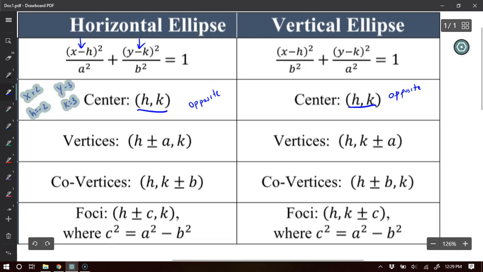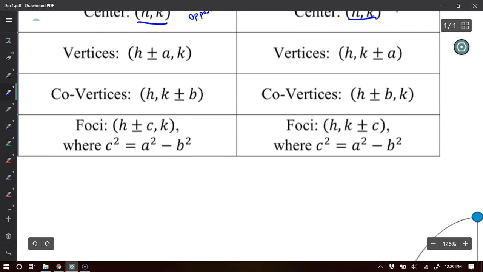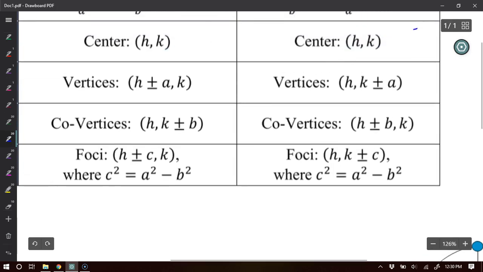So when we go through, let's look at the vertices. The vertices both have that h and that k on it. I have my h and my k, I have my h and my k, and notice I still have my h and my k.